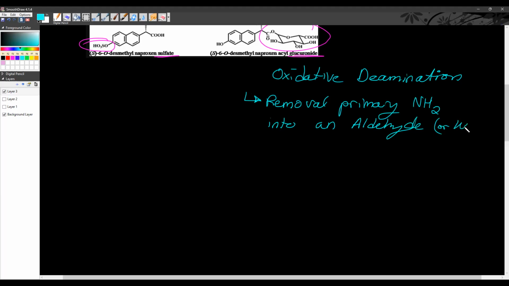And technically a ketone as well. I don't think it is technically. I think it is literally an aldehyde or ketone.